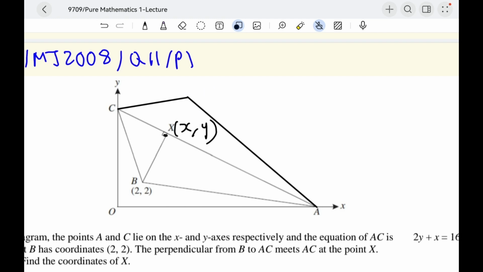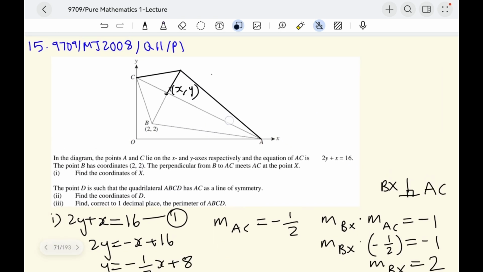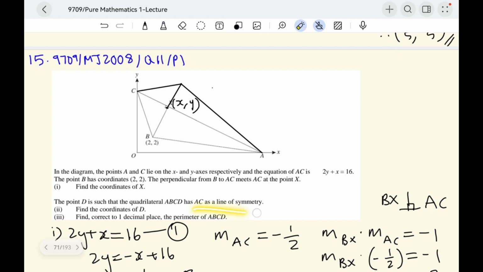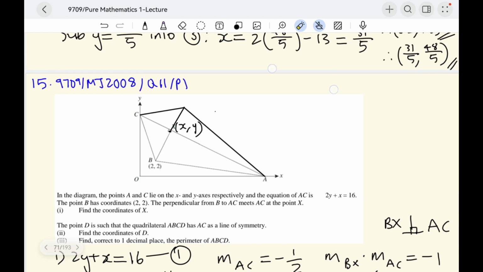So a kite is also considered a quadrilateral because it says that AC is a line of symmetry. So let's label here as D. So what does it mean?